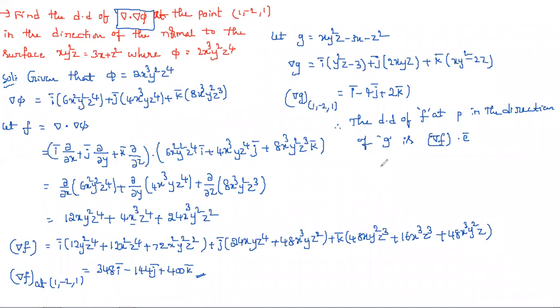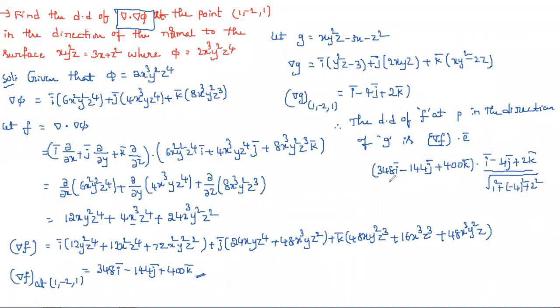So del f is nothing but 348i minus 144j plus 400k dot e bar, which is i bar minus 4j bar plus 2k bar divided by the magnitude of this, which is the square root of 1 square plus minus 4 whole square plus 2 square, right?